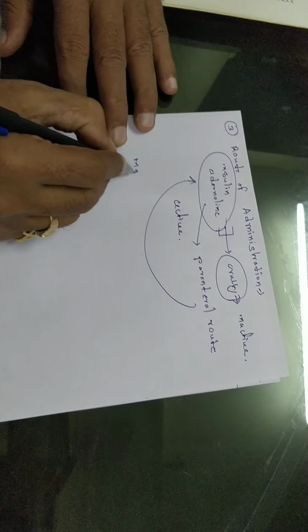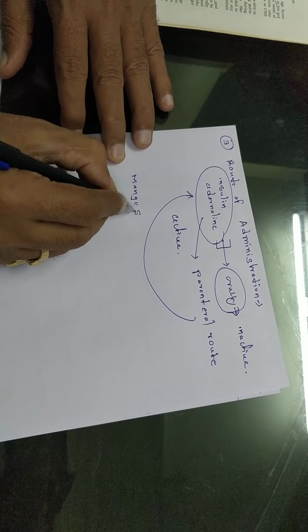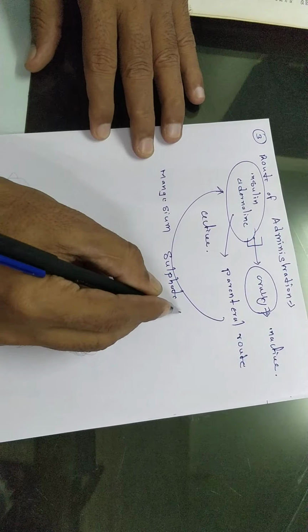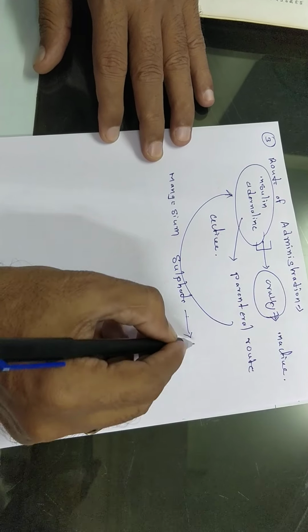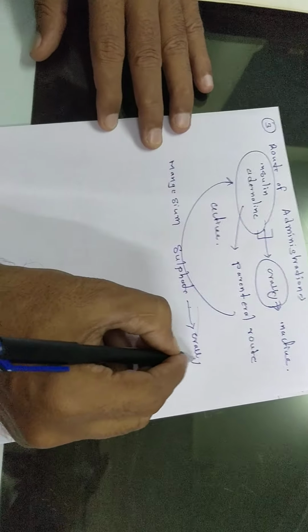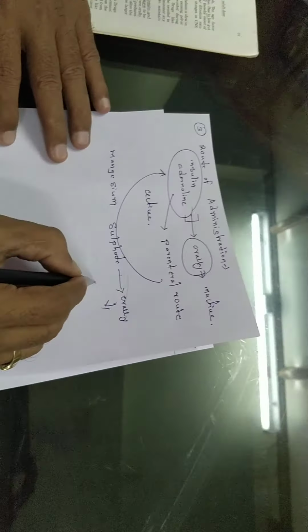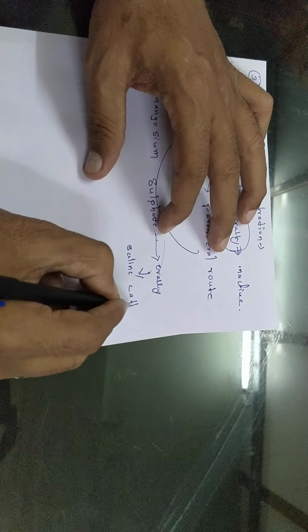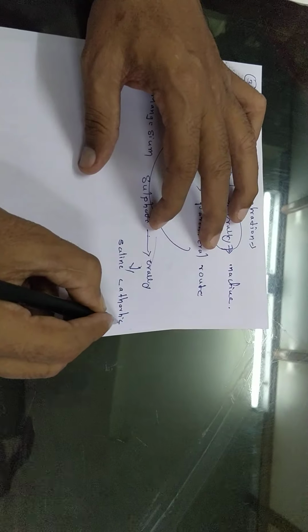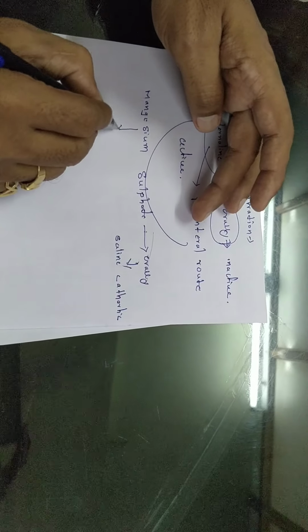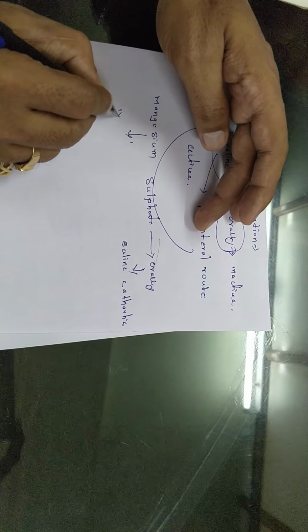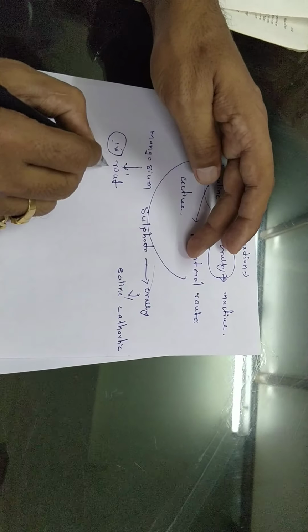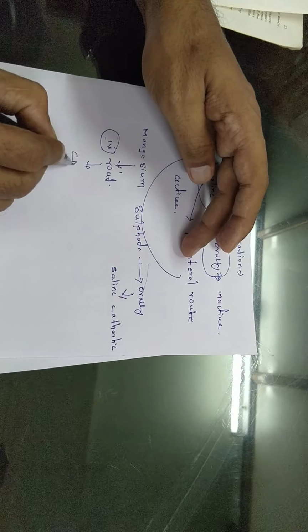Another example, magnesium sulfate. It is given orally and acts as a saline cathartic. But if magnesium sulfate is given by the intravenous route, it causes CNS depression.